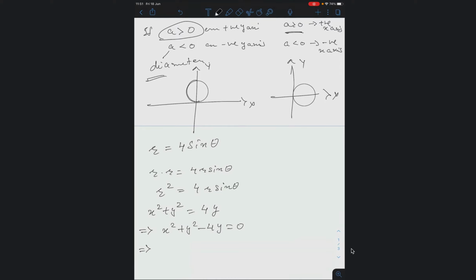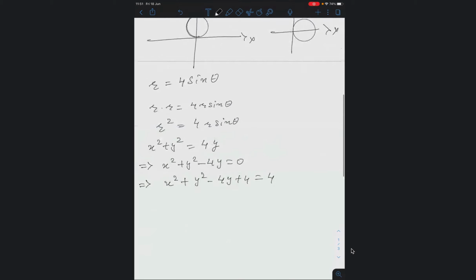Again, I rewrite it to get the center and radius. Adding 4 on both sides, minus 4y plus 4 is equal to 4. So I can write it as x square plus y minus 2 whole square is equal to 4, which is 2 square.